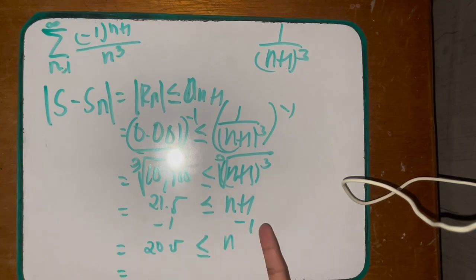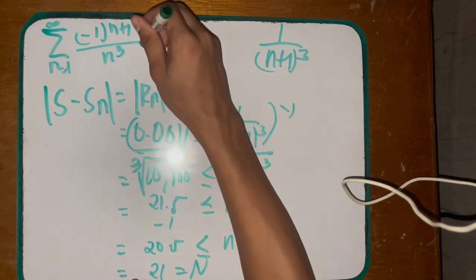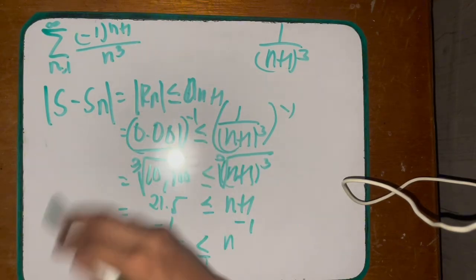So let's take the whole number: 21 equals our n. We need the 21st term of this series to get our sum.